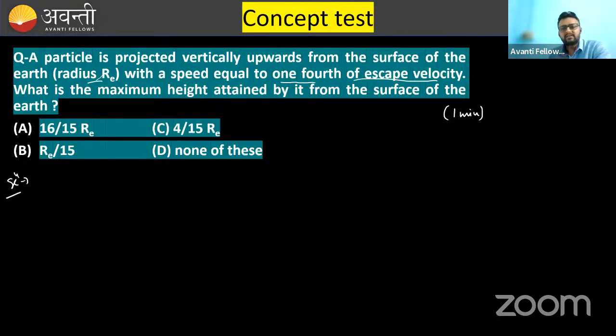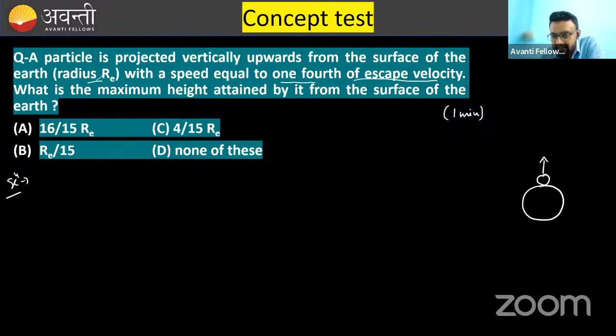This is the same kind of question actually. There's nothing in it that you can't do. Again, there is a surface of the earth, and a particle is projected in the vertically upward direction with a velocity one-fourth of the escape velocity.